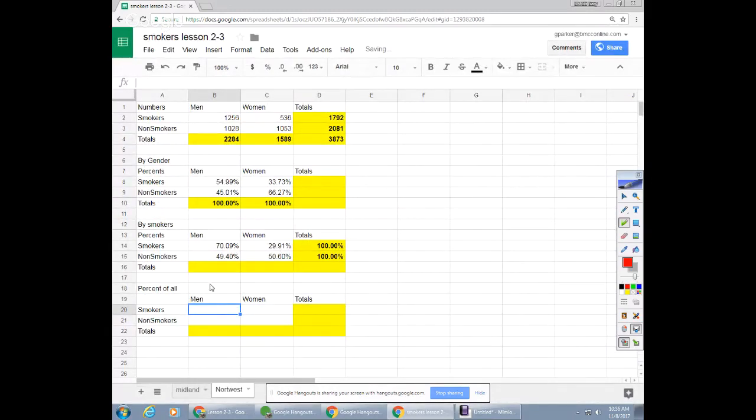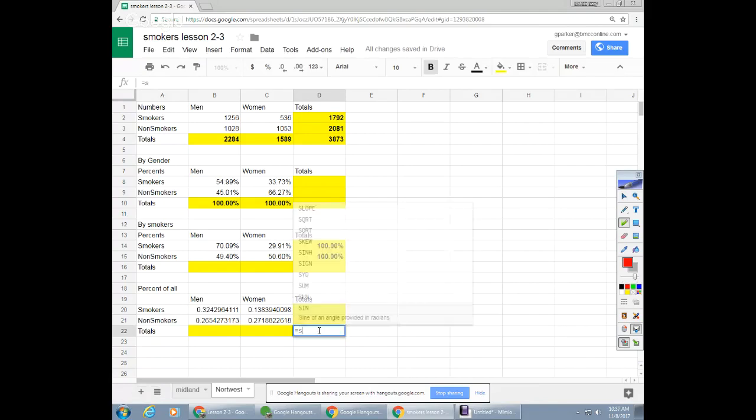So what I want to know is the equals, take the men and divide by that 3873. Now if I click on it and try to fill it around, that's going to cause a problem because all the cells are going to shift. So the easiest thing to do here is just type the 3873. That's bad form in spreadsheets, but I'm not quite ready to explain the difference. And so now I can just fill that formula around and it'll give me all the percentages.